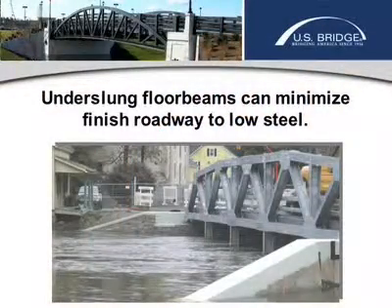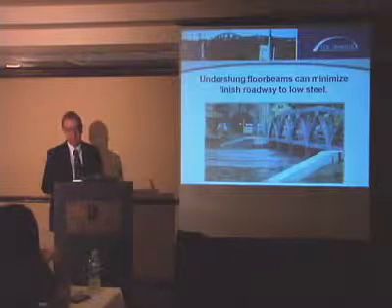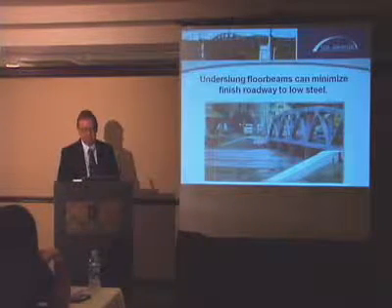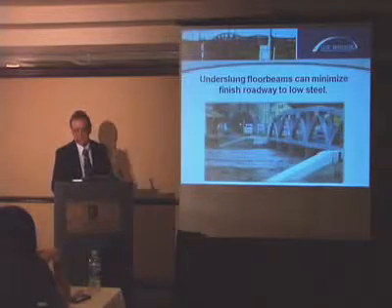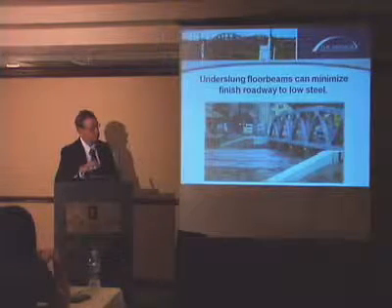With underslung floor beams, like it shows in this picture, you can use that configuration to minimize the finished roadway to low steel. In this case, with the floor beams underneath, the floodwaters can actually go above the floor beams and flow through here.